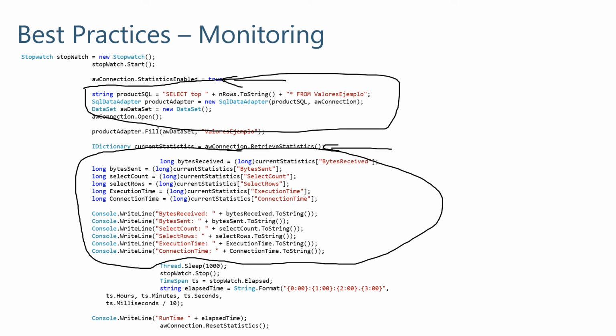For example, you could receive the bytes received, select count, execution time, or the connection time. So you could implement this execution time in your code. And in our chapter 11, we have a PowerShell command that you could use to review the connection time and the elapsed time for everything that you have.